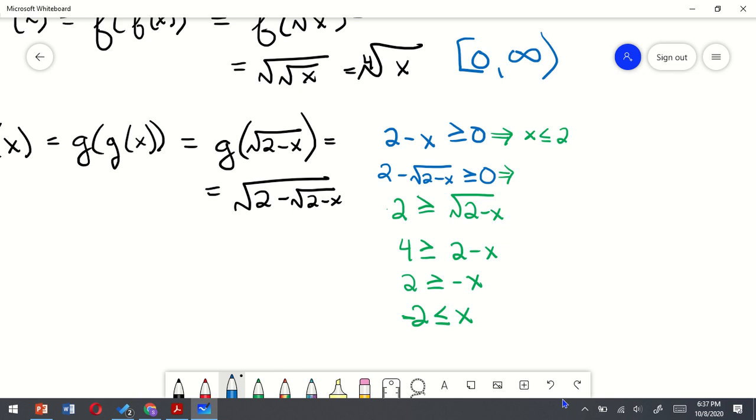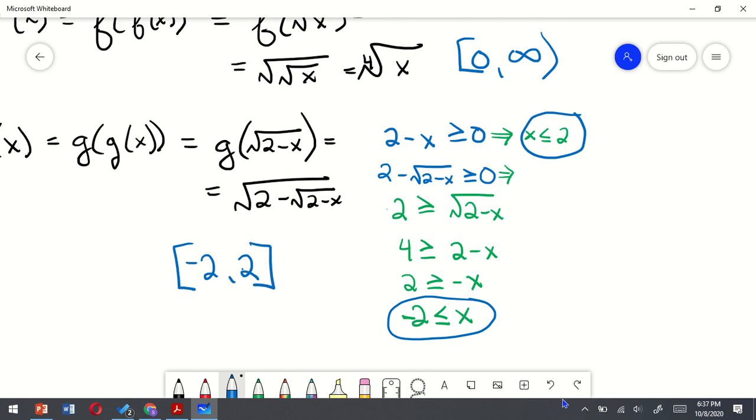So we need to have x be bigger than or equal to negative 2 while still being smaller than or equal to positive 2. So our domain is from negative 2 to positive 2, because that's what's going to hold both of these inequalities true, one inequality from each of the square root operations that's happening.